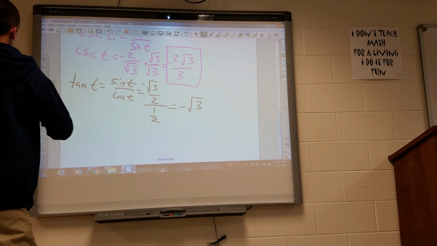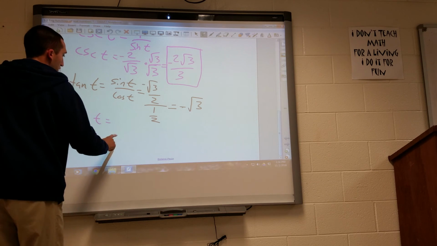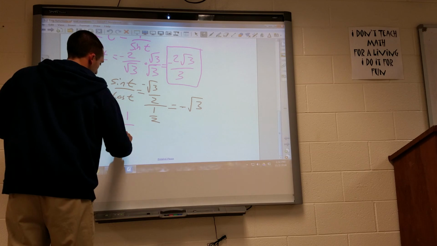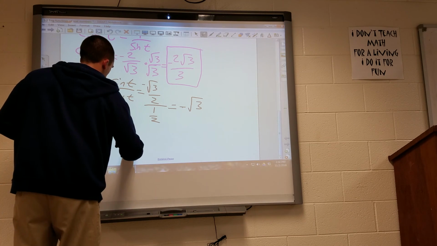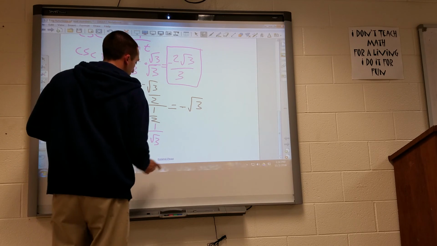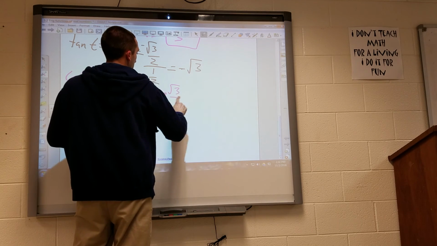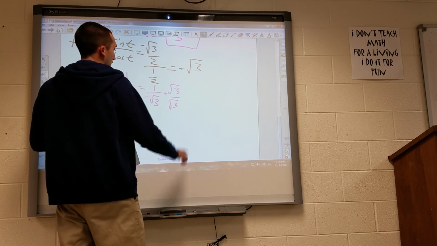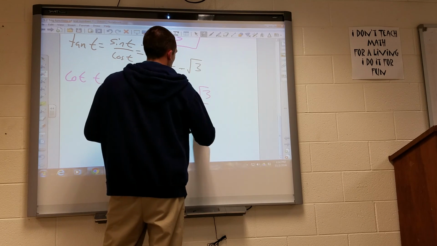So the final thing I need to do is the cotangent, which is 1 over the tangent. Okay, so that's 1 over negative radical 3. But again, I can't have a radical in the denominator, so I'm going to multiply by radical 3 over radical 3, and I get an answer of negative radical 3 over 3.